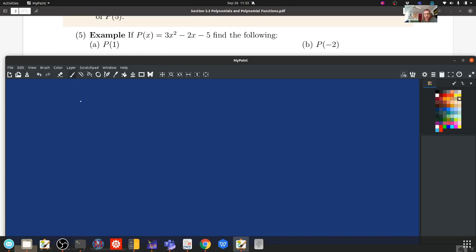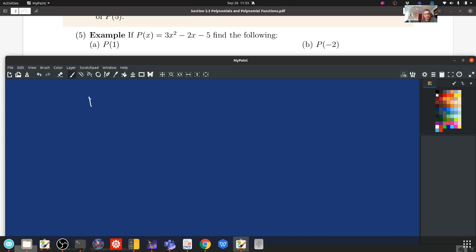So let's find the value of p of 2. I guess p of 1 is what they want us to do. P of 1 is equal to 3 times 1 squared minus 2 times 1 minus 5, which is equal to 3 times 1 minus 2 times 1, which is 2, minus 5, which is equal to 3 minus 7, which is equal to minus 4.